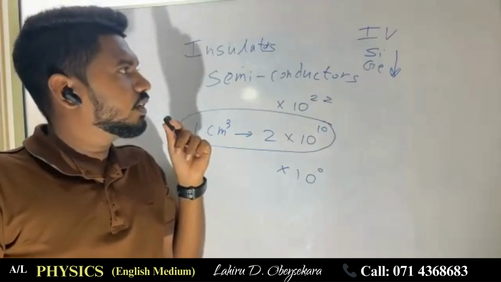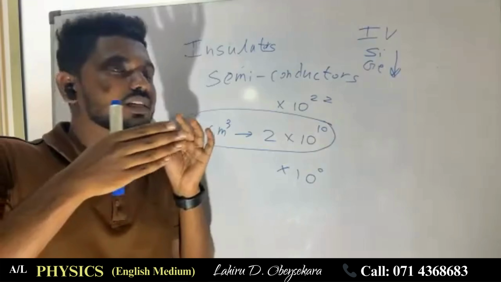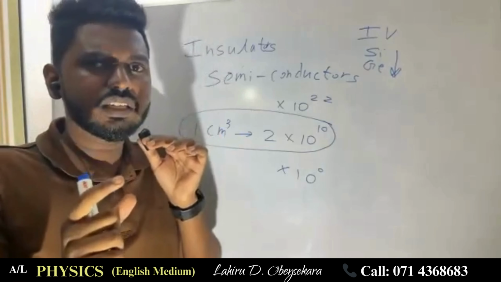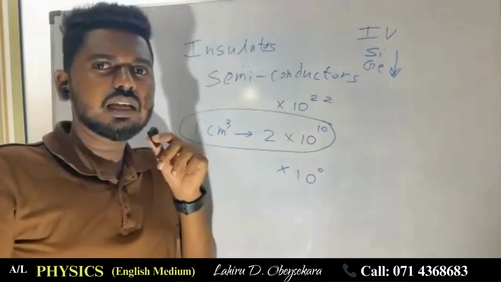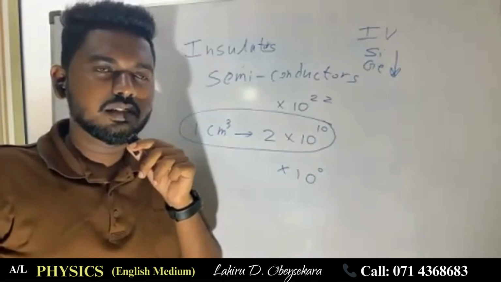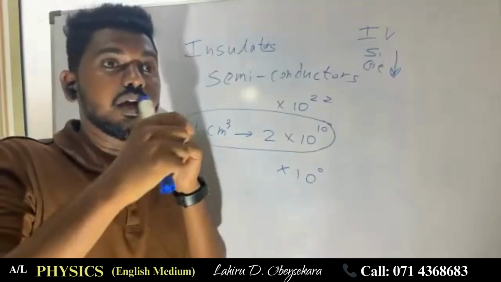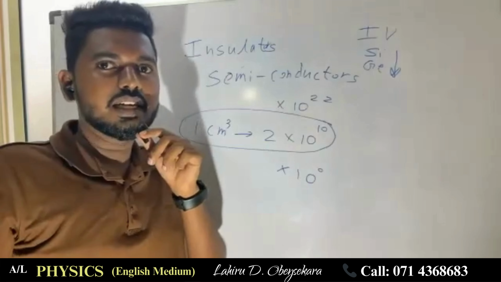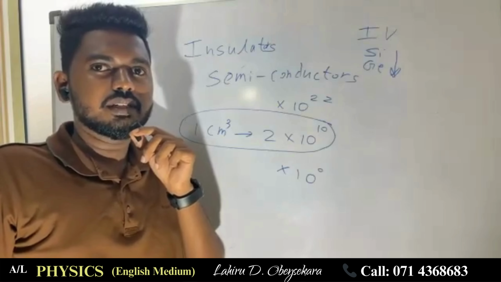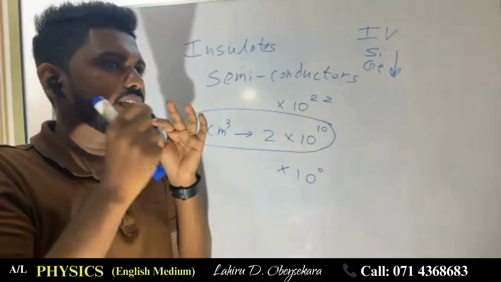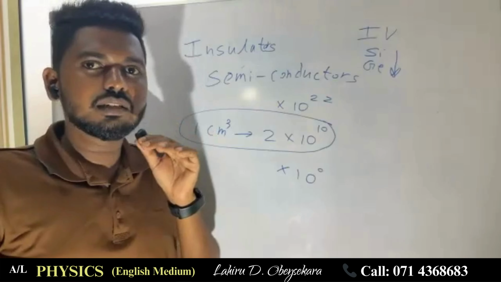I'm not going to discuss that deeply because it is chemistry, bonding and other things. When we consider silicon and germanium, there are four electrons at the outermost shell. So it is possible to remove all four or take four to complete the energy level. That's why it behaves as that intermediate thing.